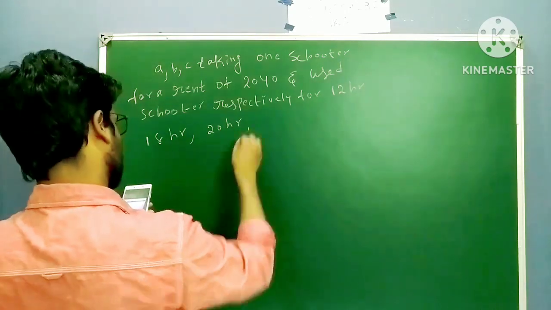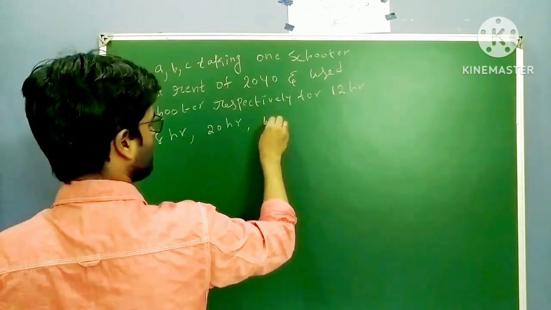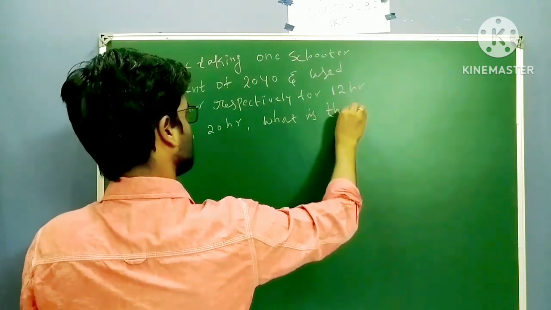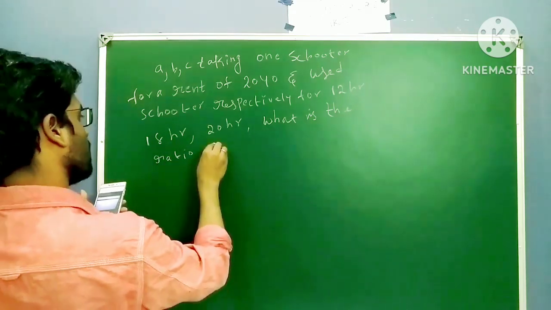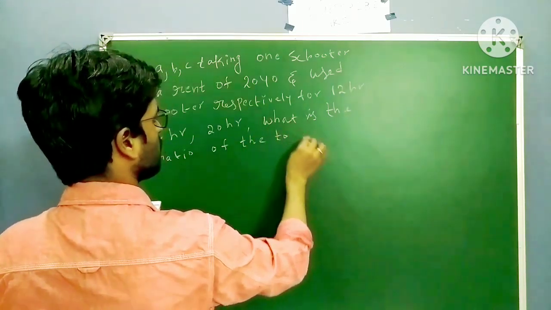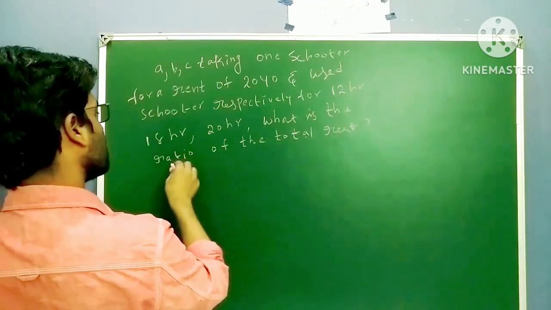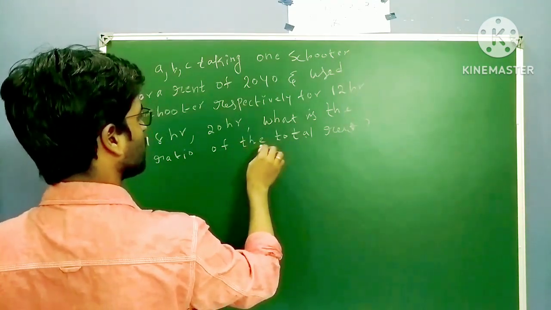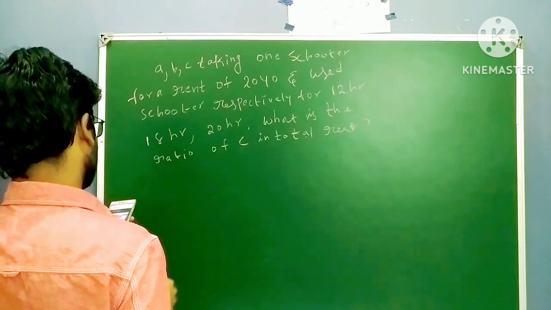Then they are asking what is the ratio of C in the total rent of the scooter. So you have to find out what is the ratio of C in the total rent of the scooter.